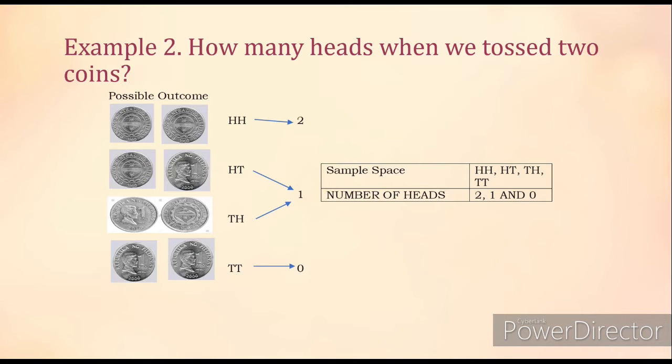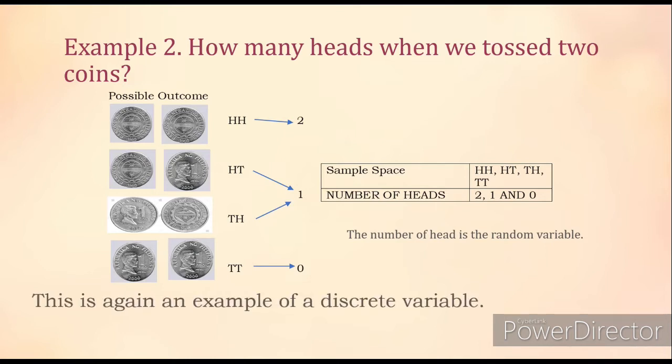And in tail, tail, there is no head. That's why it is 0. So the number of heads are 2, 1, and 0. The number of heads is the random variable. This is again an example of a discrete variable. A discrete random variable is a variable whose value is obtained by counting.